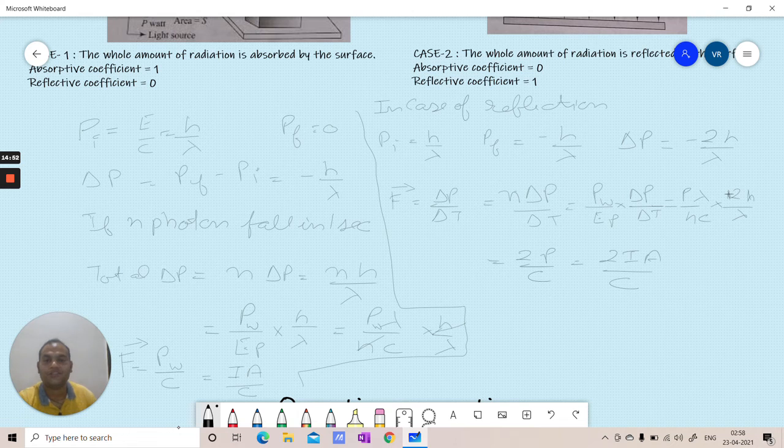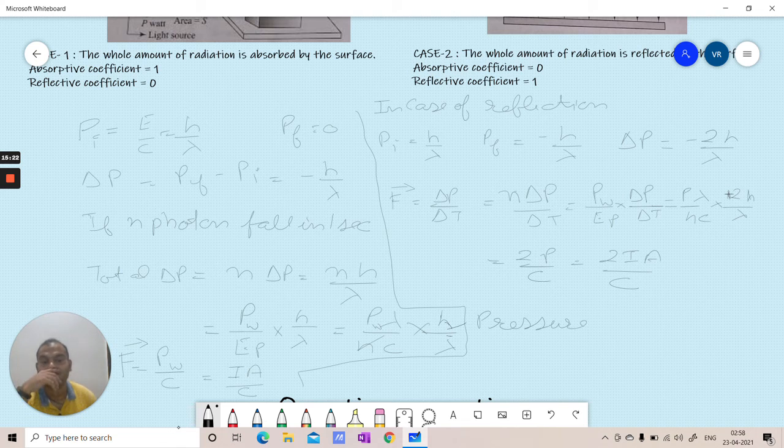So this is the radiation force. Now if you want to find out pressure, again pressure is also represented with P. So we'll write pressure as complete pressure. Oh, sorry, this will be a multiplication sign, multiplied by h by lambda. And here we were writing pressure.